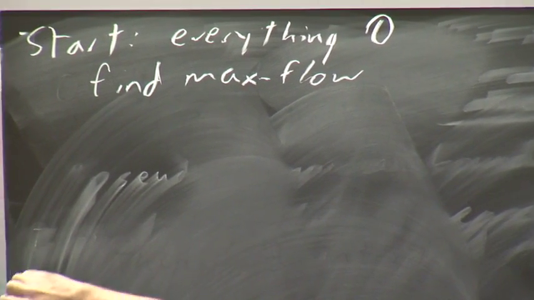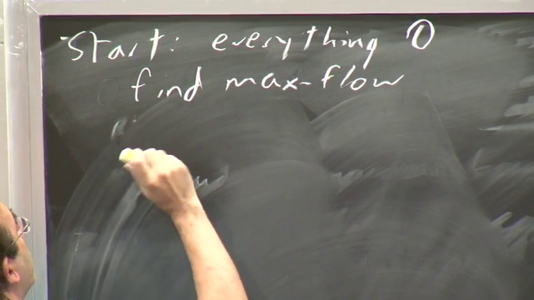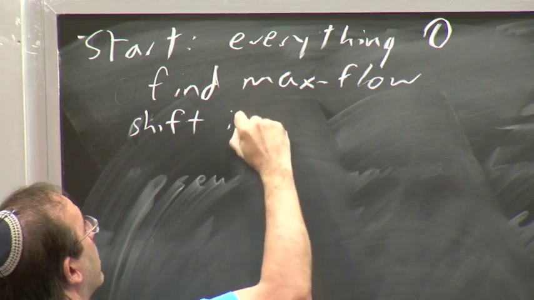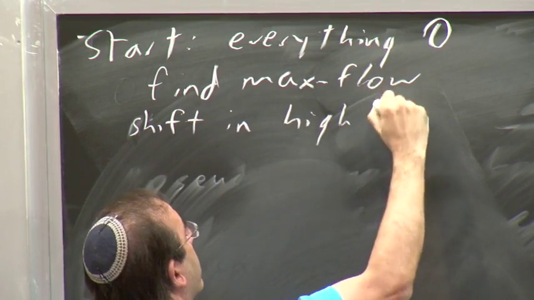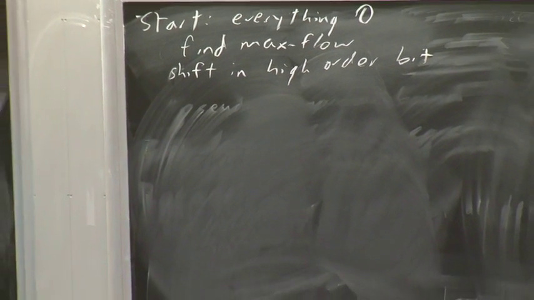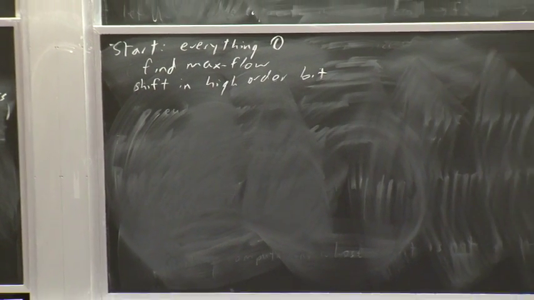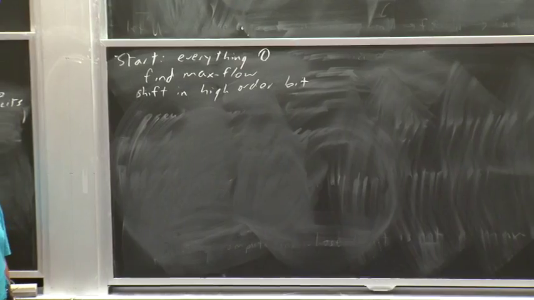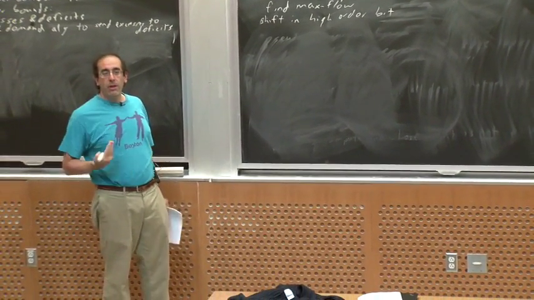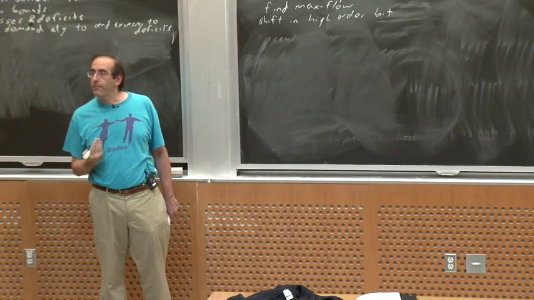Now what we're going to do is shift in the high order bit from every capacity. That means that some of the capacities now become 1 because they're bigger than u over 2. All of the other capacities are still 0.